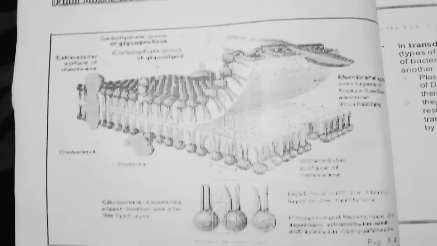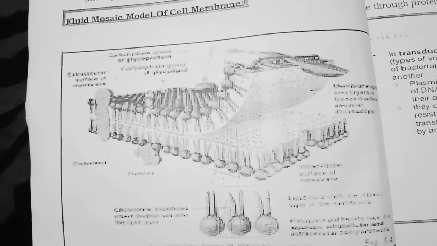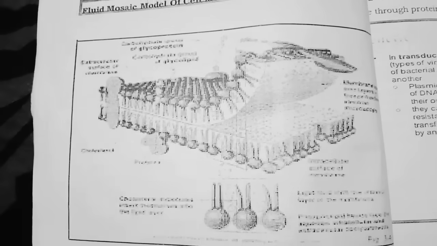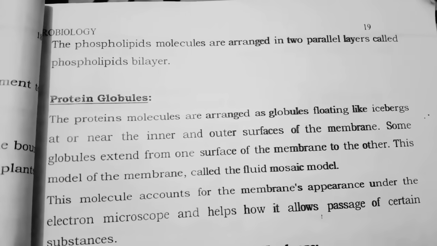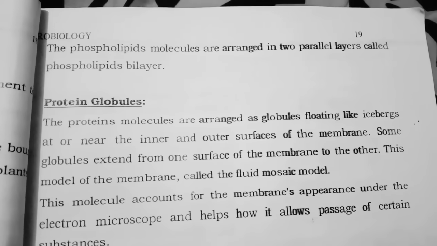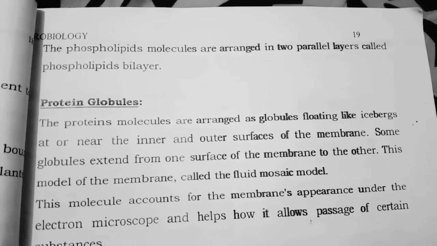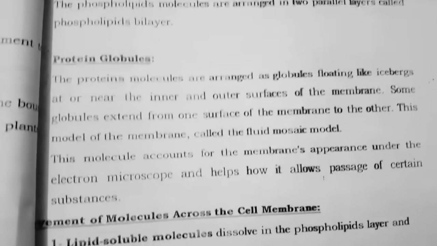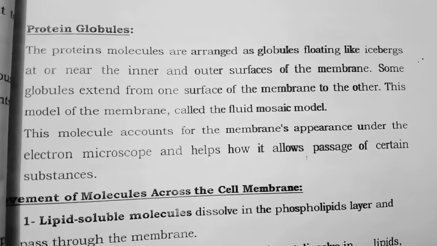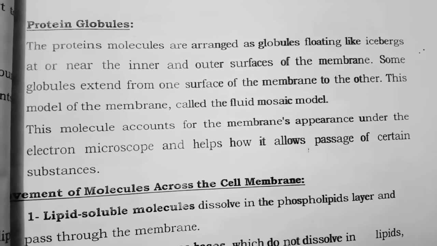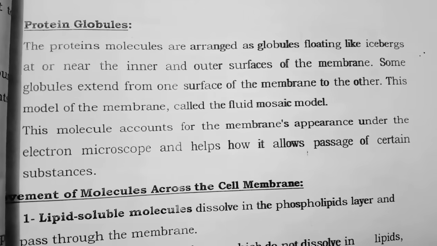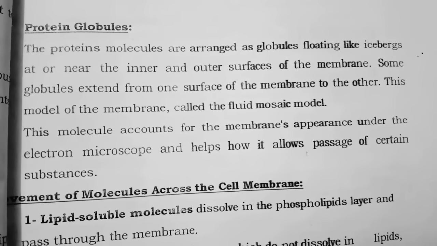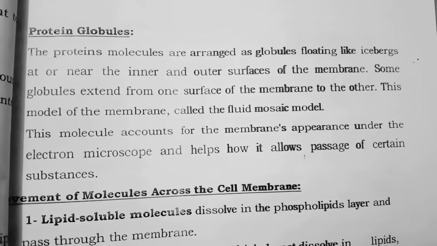See this, this is the picture of the fluid mosaic model. First of all, the phospholipid molecules are arranged in two parallel layers called the phospholipid bilayer. Protein globules: the protein molecules are arranged as globules floating like icebergs at or near the inner and outer surface of the membrane.